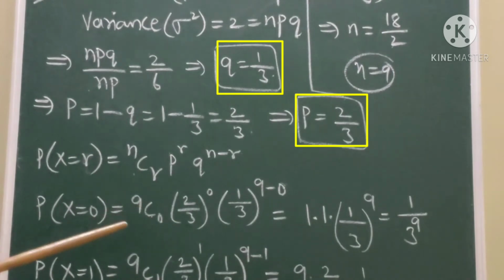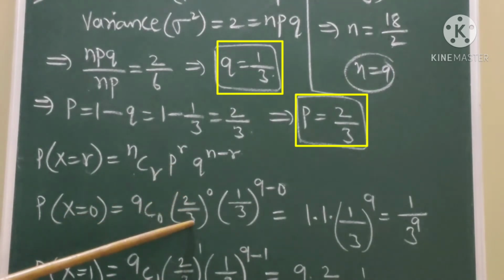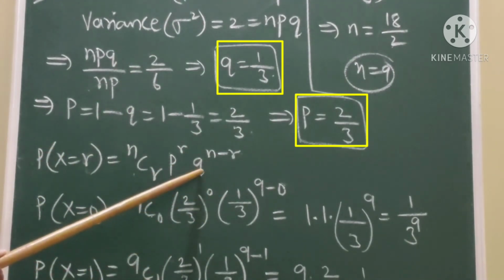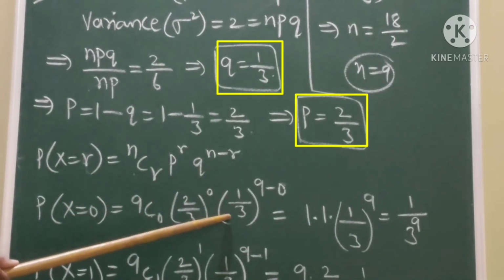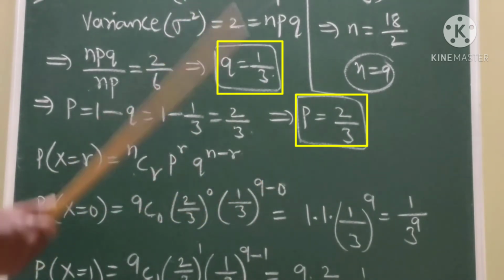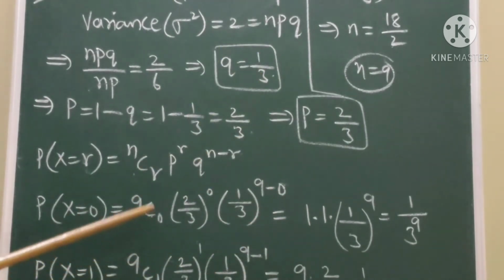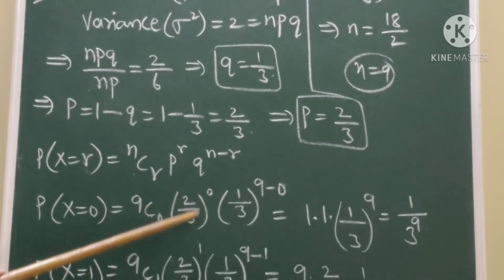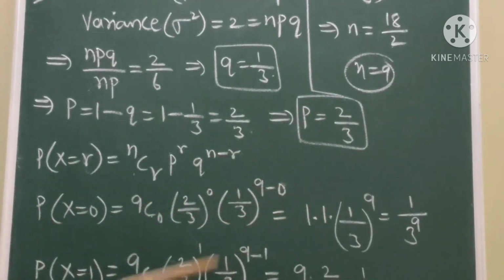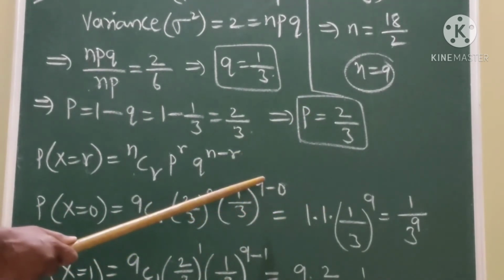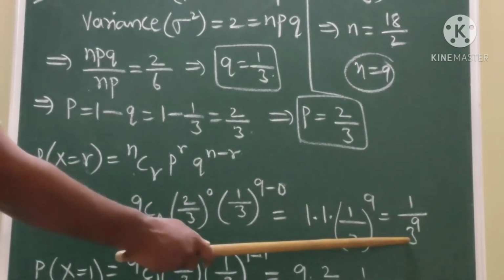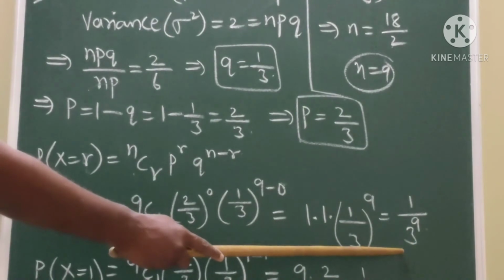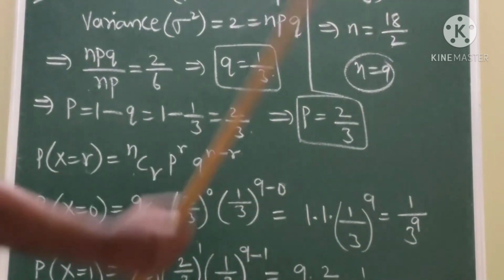P power r means p value 2 by 3 whole to the power 0. Q power n minus r, here q value 1 by 3 whole to the power of 9 minus 0. That is equal to 9C0 is 1, 2 by 3 whole power 0 is 1, and 1 by 3 whole to the power of 9. That is equal to 1 by 3 power 9, and this is the first term of the binomial distribution.